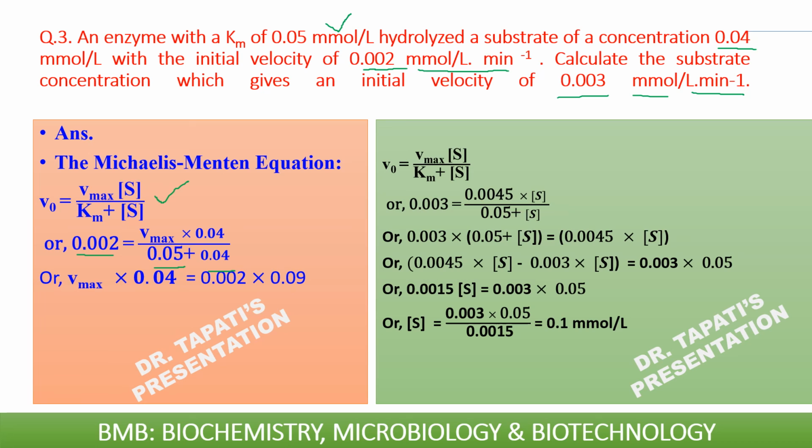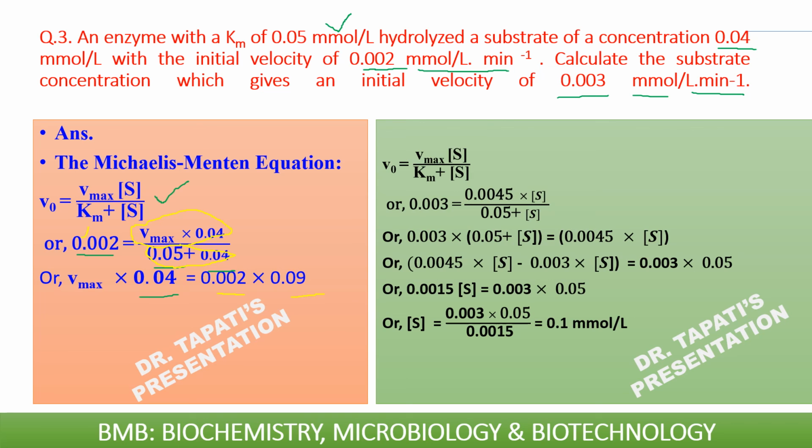Or we can write Vmax into 0.04 is equal to 0.002 into this part. This part is 0.05 plus 0.04, which is equal to 0.09.